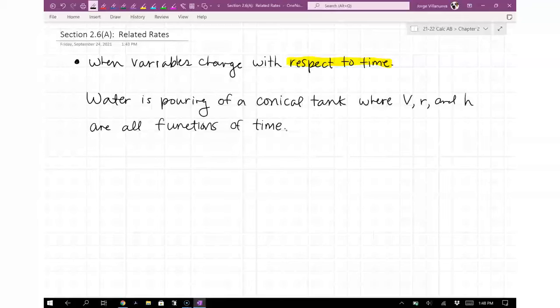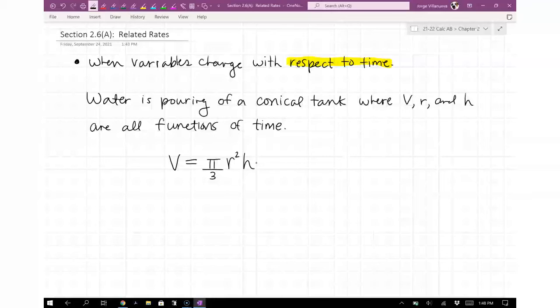Now, the equation for a conical tank is V equals, now remember this is a cone, so it's going to be pi over 3 R squared H. Now, if I were to ask you to take a derivative of this with respect to time, so we can see how volume changes over time, how the height will change over time, how the radius changes over time, we can take a derivative implicitly.